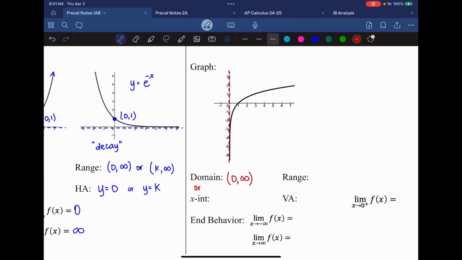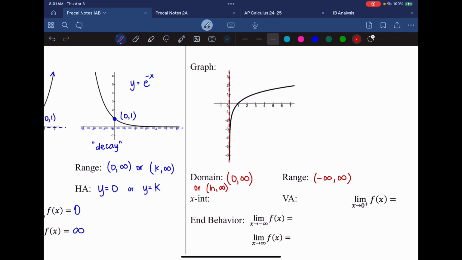And this one will be impacted by our horizontal movement. So if we have a shift left or right, that's going to move that asymptote. So that would be controlled by our h. The range on this one is all real numbers. So we have no limit on the output.